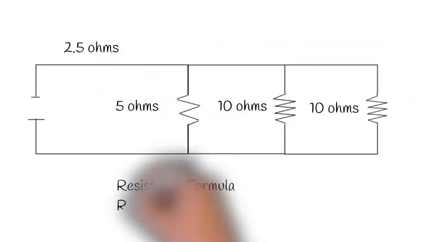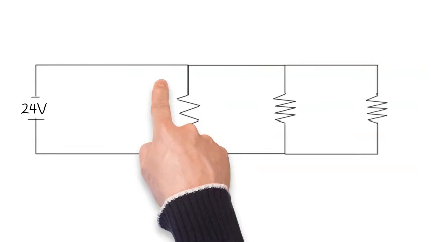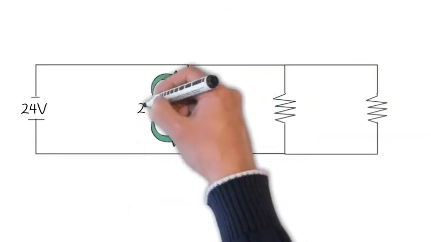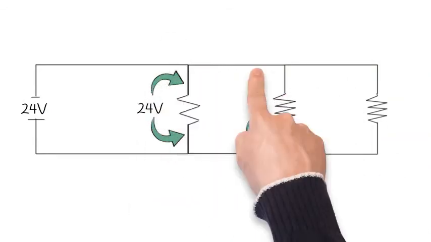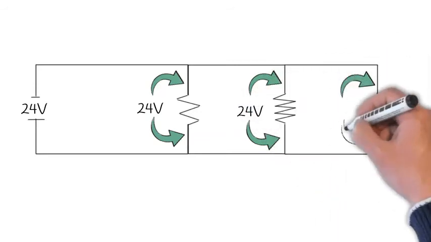And thus we see that the voltage across any one of the branch circuits is equal to the source voltage, knowing that our voltage total is equal to V1, equal to V2, and equal to V3.